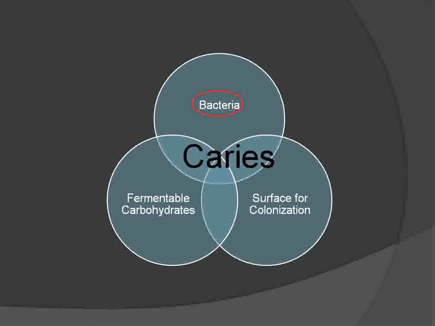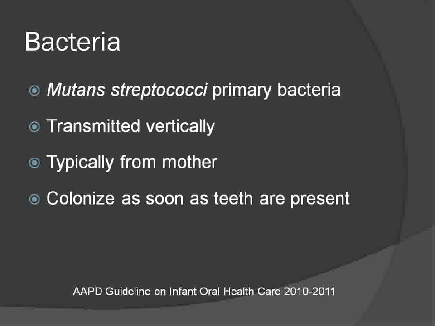So that's what we're going to start with right now, with bacteria. The primary bacteria in the mouth that causes cavities is Mutans streptococci. And it's transmitted vertically, and that means that it's transmitted typically from the primary caregiver to the baby.